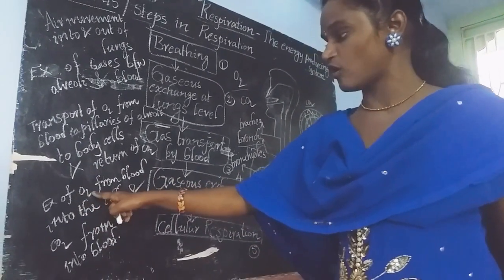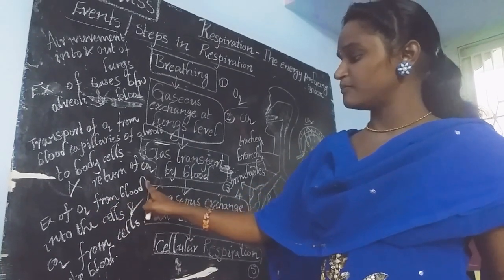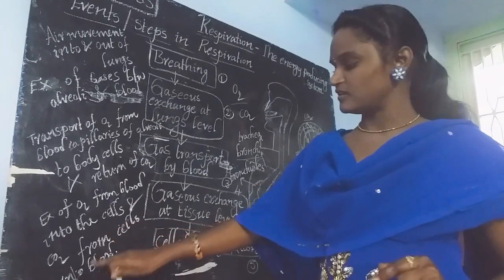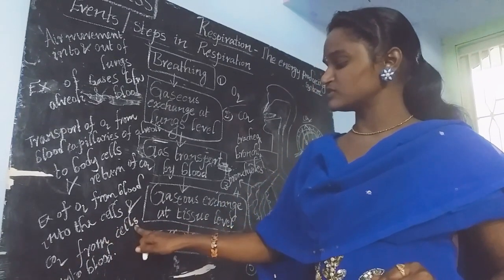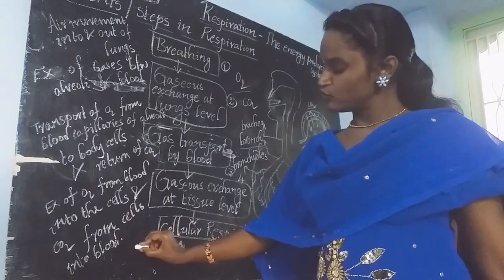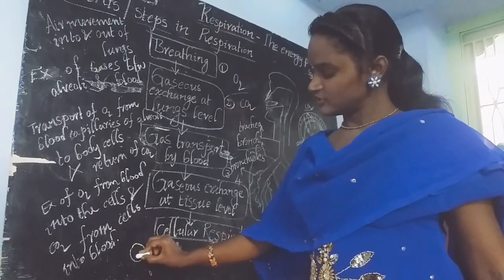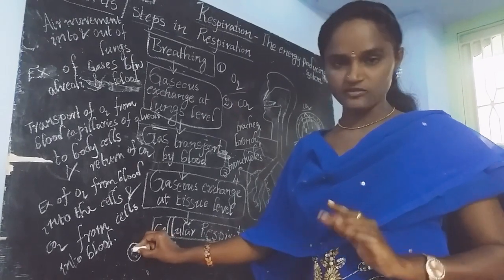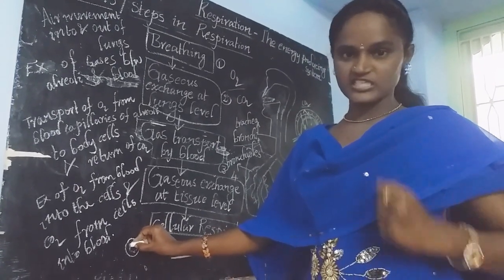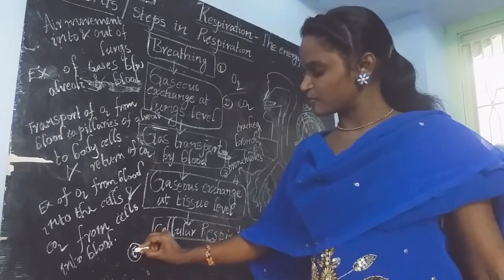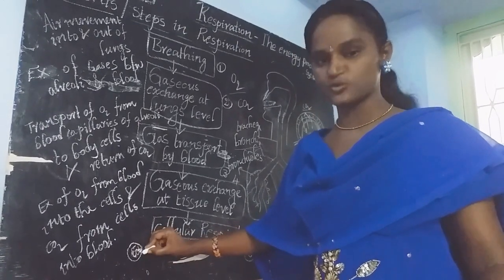See here, exchange of oxygen from blood into the cell, carbon dioxide from cells into the blood. If you imagine it is the cell, now the cell is performing different biological functions. As a result of those biological processes, it produces carbon dioxide as a waste product.